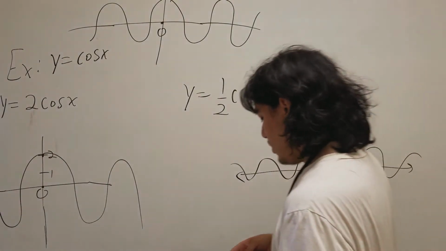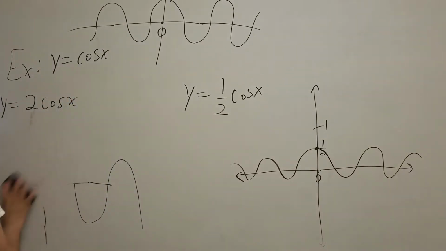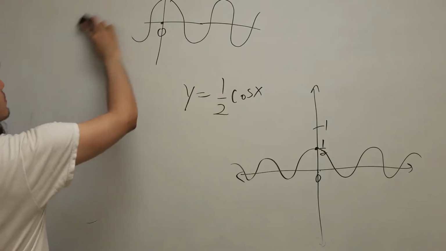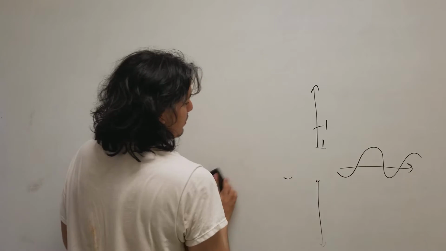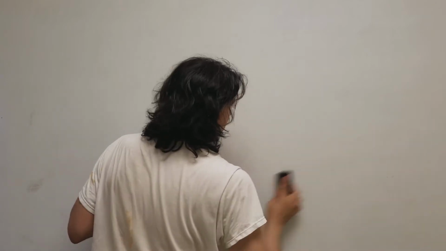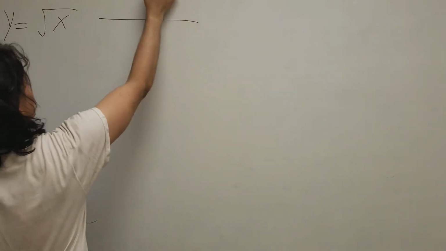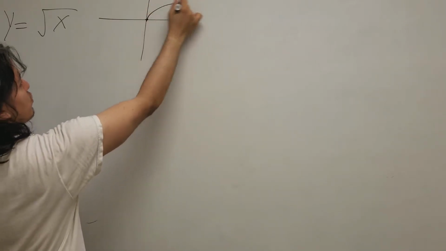Now the other ones, let's use a different example here. For the other ones, we'll be using y equals the square root of x. Visually, if you remember, it starts at the origin and shoots up to the right.